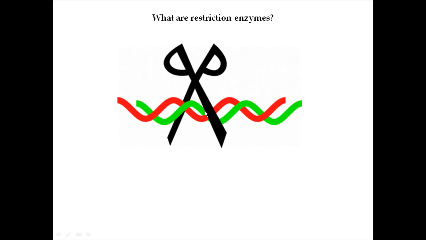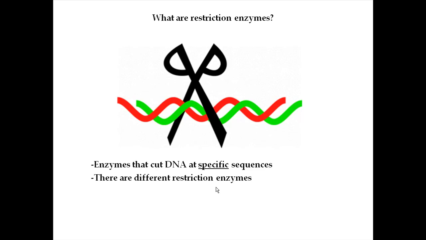And so again, restriction enzymes, all they do is cut DNA. It turns out that restriction enzymes don't cut DNA just in any old place. A couple of things to know about restriction enzymes is that they cut DNA, but at specific spots. We'll see that there are different types of restriction enzymes out there.